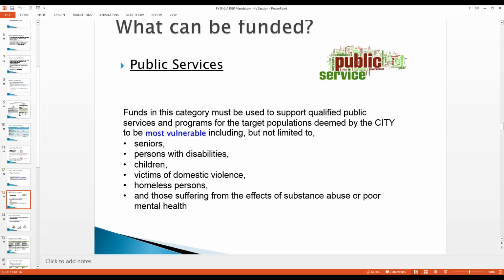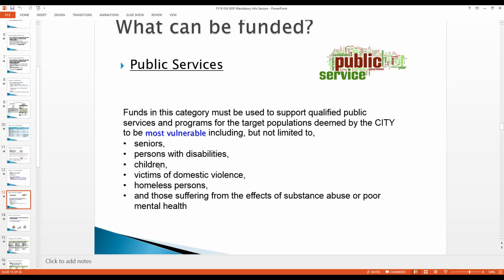First, one of the areas of grant activities being funded by Grants in Aid is the qualified public service. And I want you to pay attention to this key point here: most vulnerable services to the most vulnerable populations, including seniors, children, persons with disabilities, homeless, etc. People asked in the past how the city defines the vulnerable population.